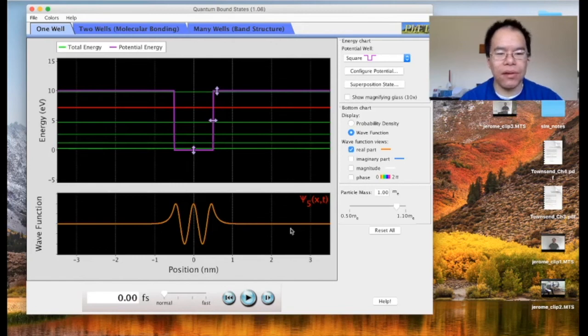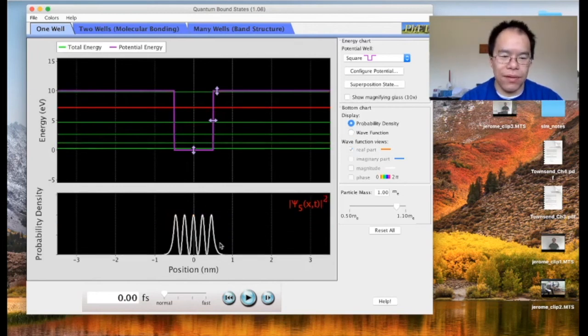Notice that the wave function is non-zero here in this classically forbidden region. And if I look at the probability density, there is a small but finite probability of detecting my particle outside the well where classically it could not be.